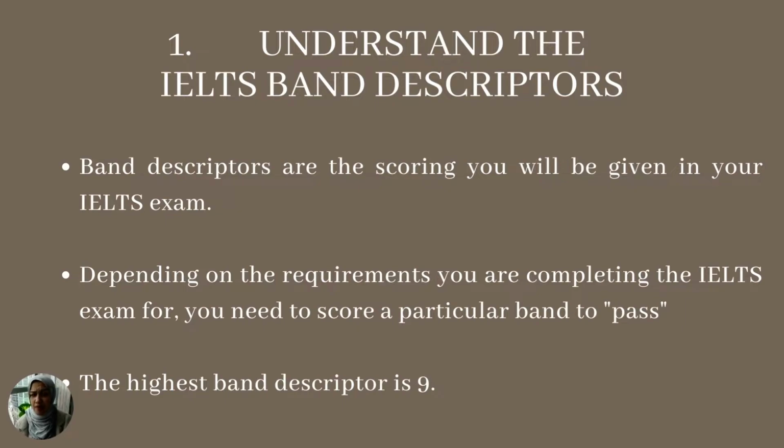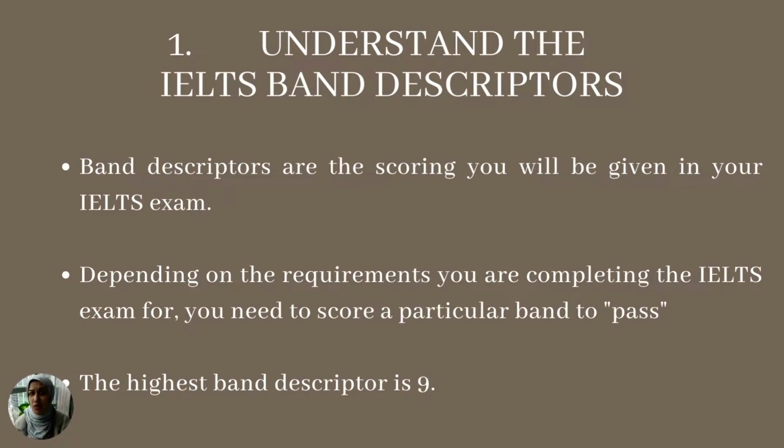This is very, very important because you want to ensure you understand the band descriptors before taking the exam, okay, guys? Because if you understand what they are requiring from you, this will help structure your answers better, and so you are able to understand what they're looking for and you can provide for them.